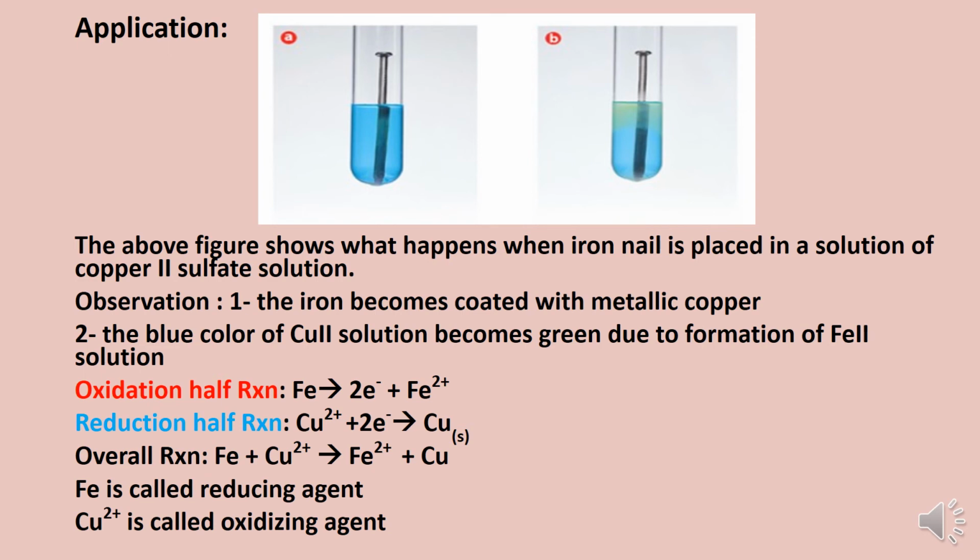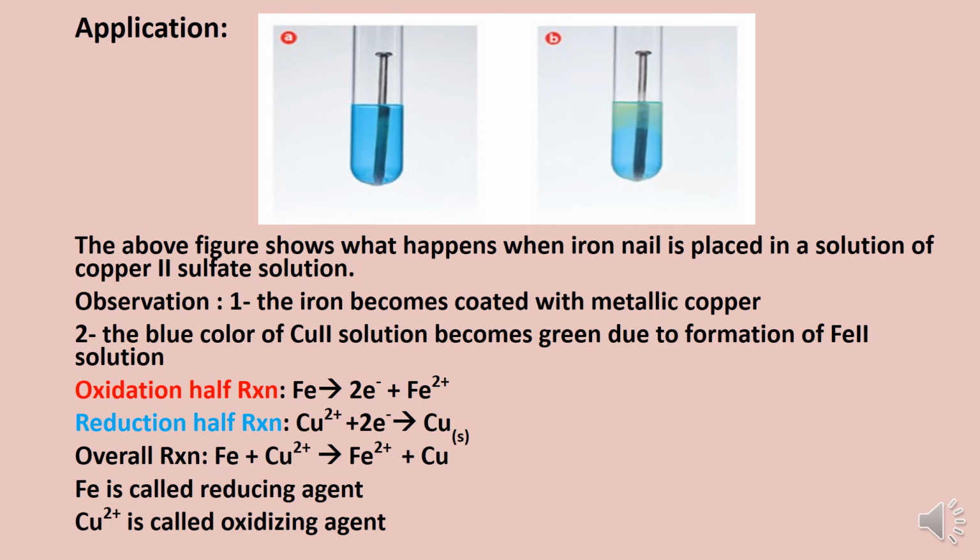Now the oxidation half reaction is: Fe loses 2 electrons and becomes Fe2 plus. Reduction half reaction: the Cu2 plus in the solution gains 2 electrons and becomes Cu solid. Now we observe that the number of electrons lost equals the number of electrons gained.